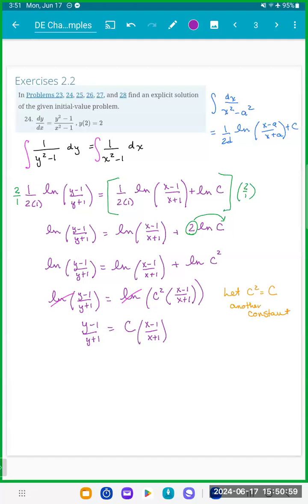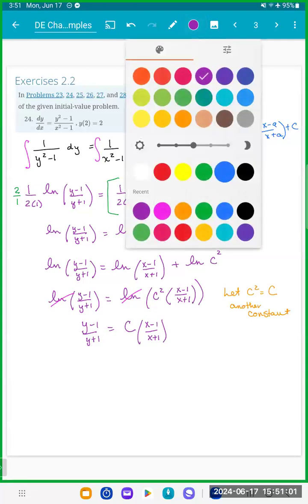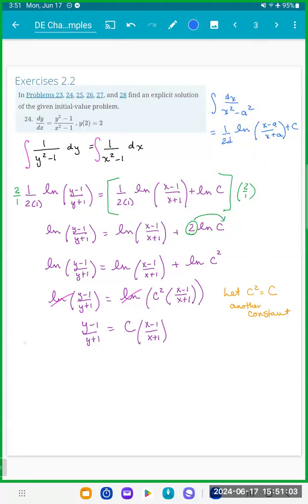Okay. So now we can look at this. We were given the condition where y of 2 is equal to 2. That's telling me that x is equal to 2 and y is equal to 2. So we can plug that into our formula to solve for C. So we end up with (2 minus 1)/(2 plus 1) is equal to C times (2 minus 1)/(2 plus 1).